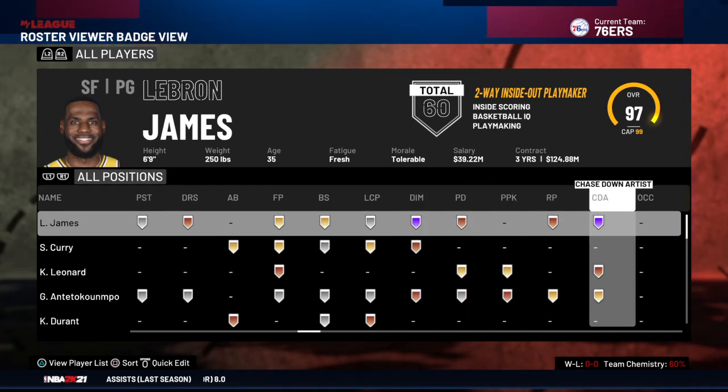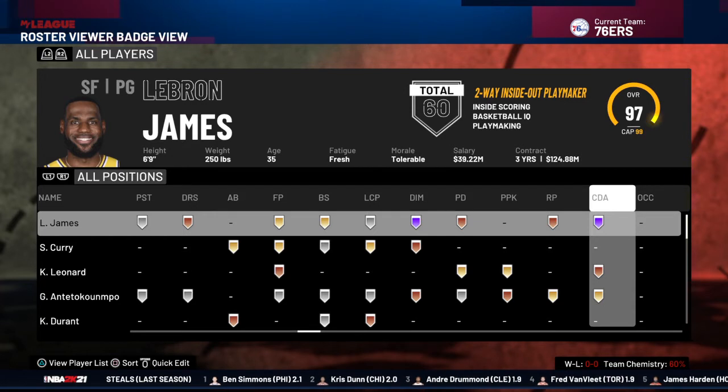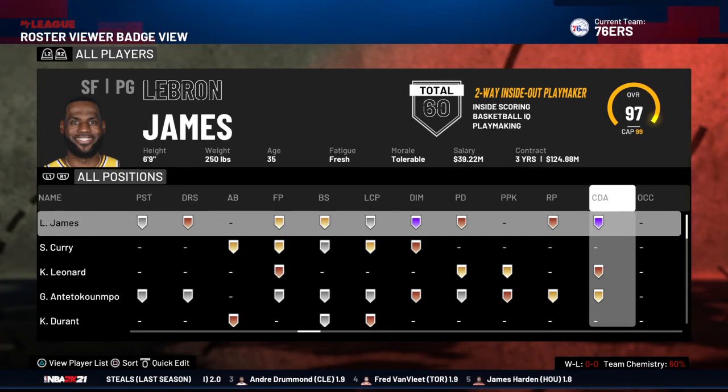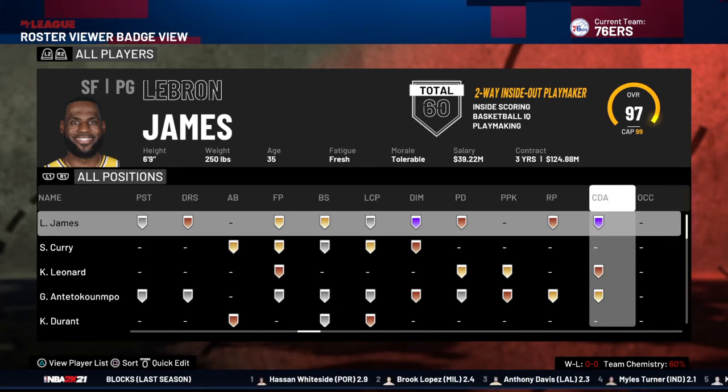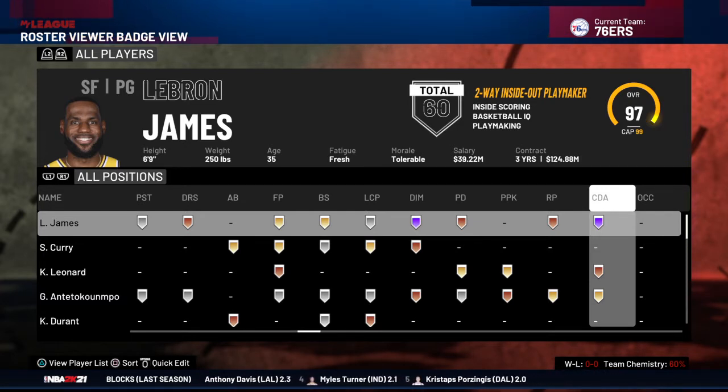Another thing you want to question is him having Hall of Fame Chase Down Artist. Obviously, LeBron James is known for these amazing chase down blocks that he's had throughout his career, and he has a history of being a player who can chase down players and have these great blocks before the opposing team can score.